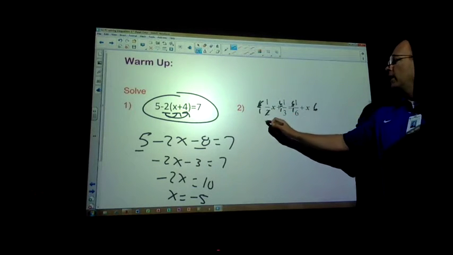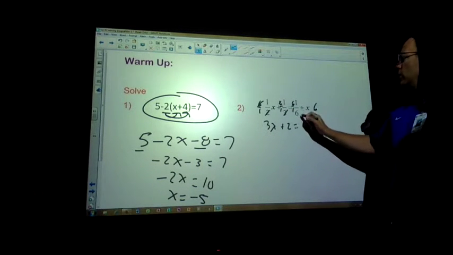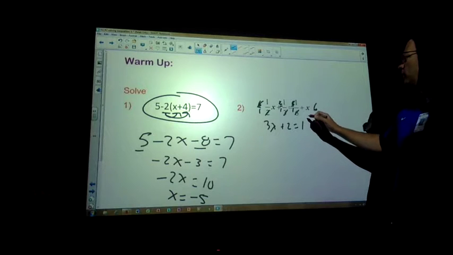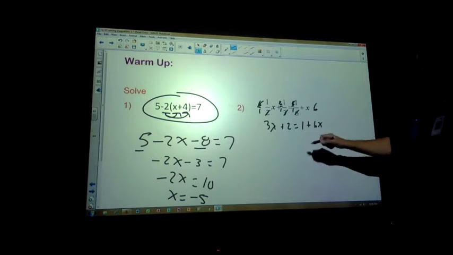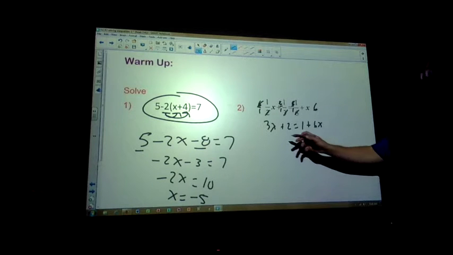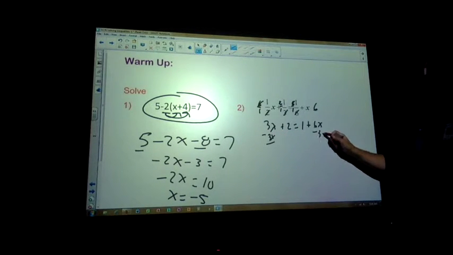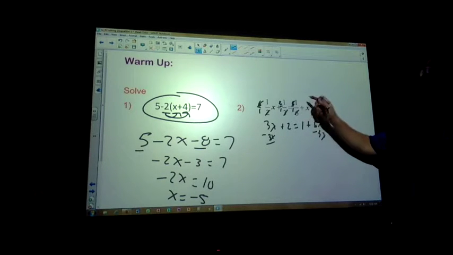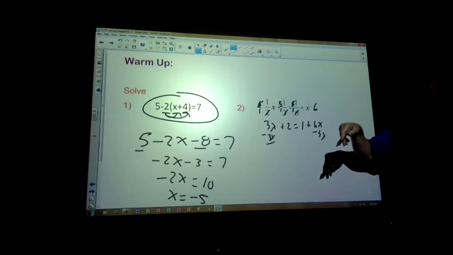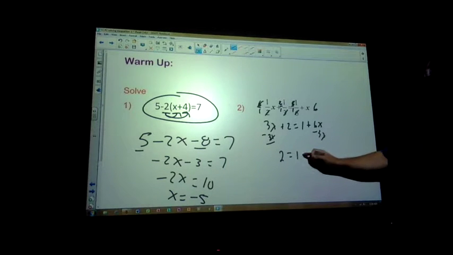So this goes in there, that becomes 3x. This goes in there, that becomes plus 2. That goes in there, that becomes 1 plus 6x. Is that all right? From there, I'm going to start subtracting. So subtract 3x from either side, because 6 times 1 over 6, the 6's cancel. So I get 2 equals 1 plus 3x.